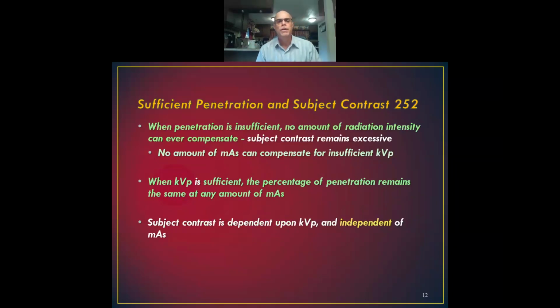So on page 252, it talks about sufficient penetration and subject contrast. This is kind of redundant, but we're going to say it one more time. When penetration is insufficient, no amount of radiation intensity can ever compensate. Subject contrast remains excessive. So what is that telling us?